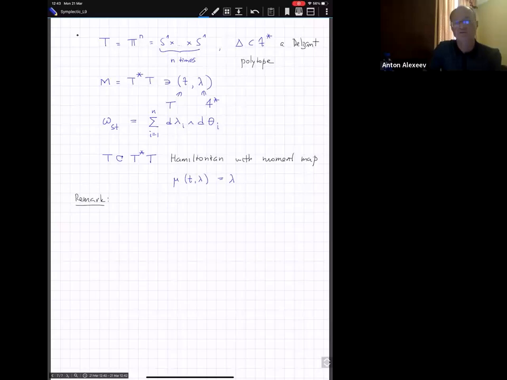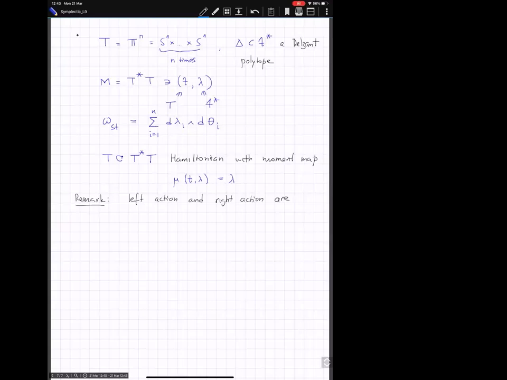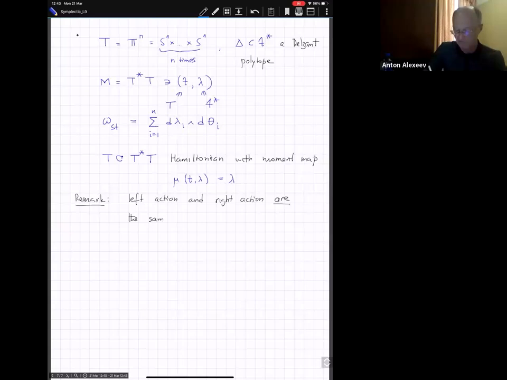So what happened with the second action? Tell me. Yes? I think it's an abelian group. Yeah, that's right. Thank you for saving me. So they are the same up to sign.